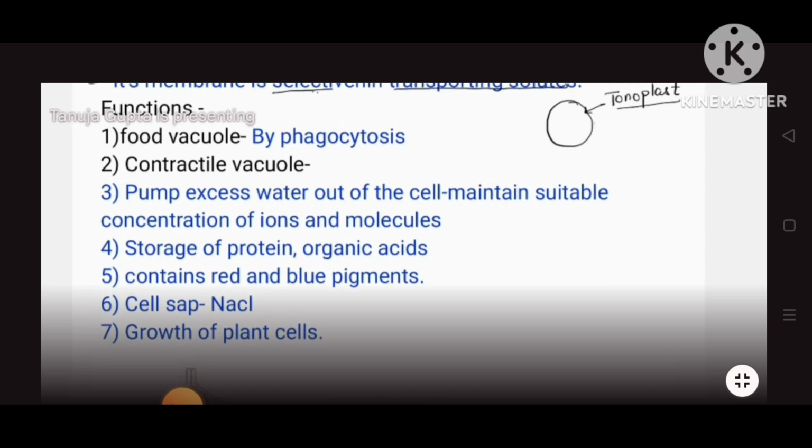It acts as a plasma membrane. The plasma membrane was also a selectively permeable membrane. So this membrane also acts as a selective membrane. It doesn't allow everything to go inside or outside. It selects the molecules and then only allows them to enter or exit.